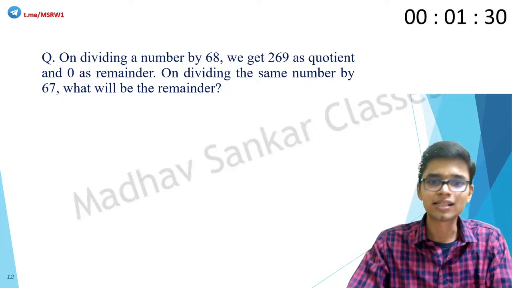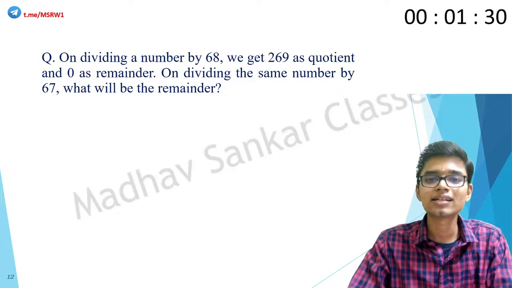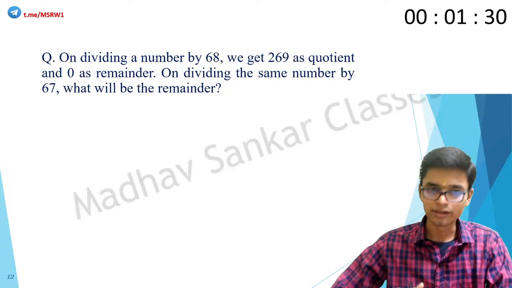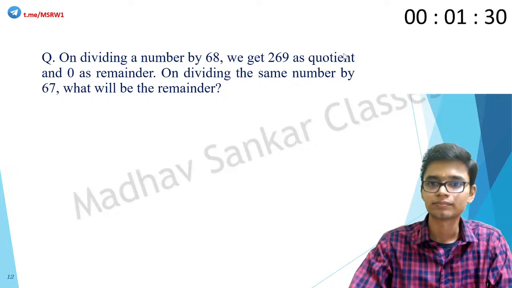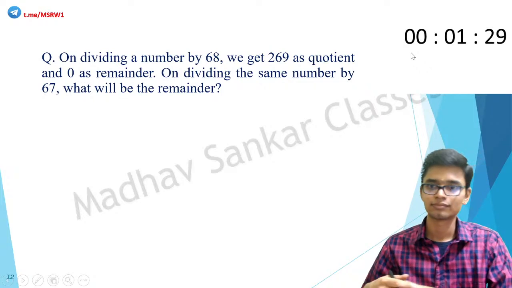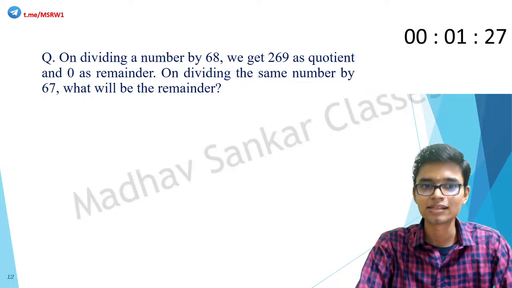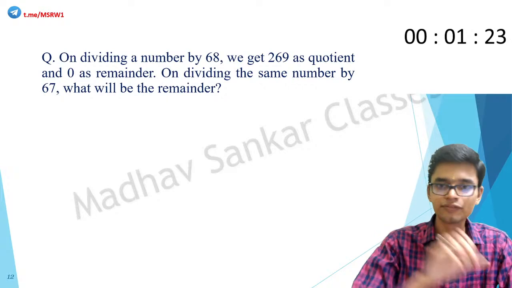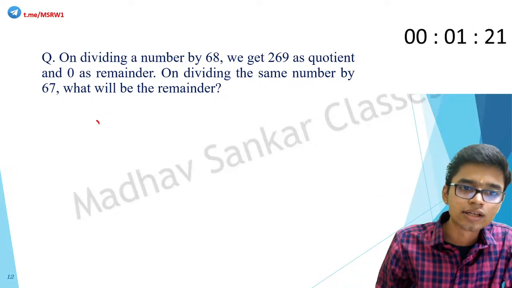On dividing a number by 68, we get 269 as quotient and 0 as remainder. On dividing the same number by 67, what will be the remainder? Don't panic. This is not a complicated question. I will give you a clue. This is how you do it.